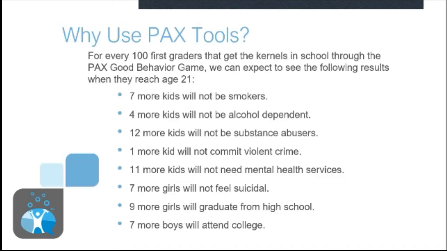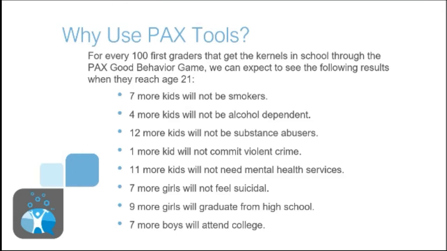And you might think, well, how are the two related? How could something that happens by the age of 21 have anything to do with first grade? But these tools essentially train the brain, and it helps children to not make impulsive decisions.